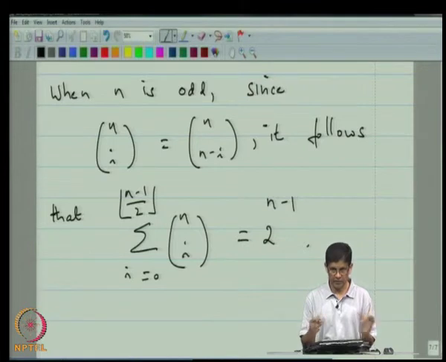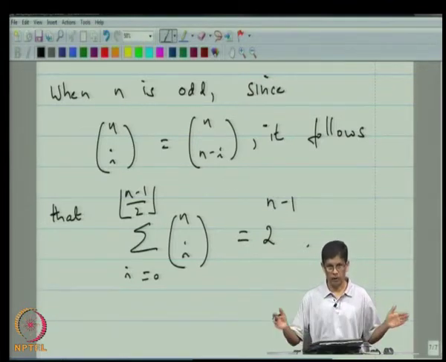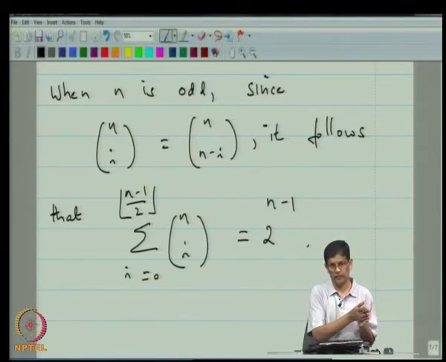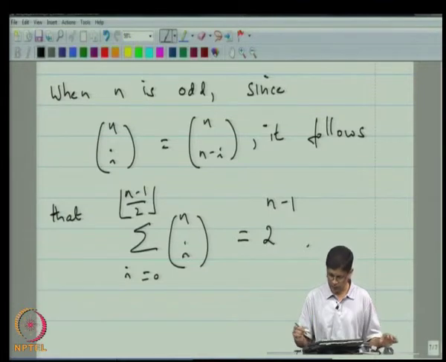Because there is a mirror symmetry between the binomial coefficients. So, if you sum all of them, then you get 2 to the n, but let us say you start from the left and you sum up to halfway, then you will get 2 to the n minus 1. Okay. So, that is what this is saying.